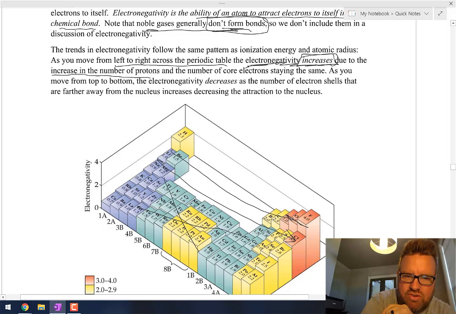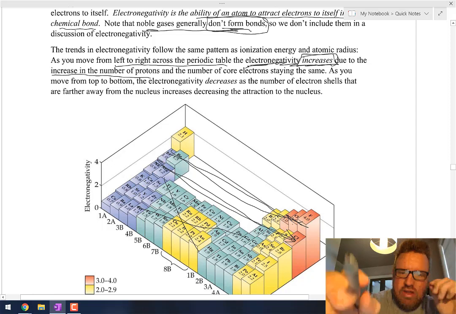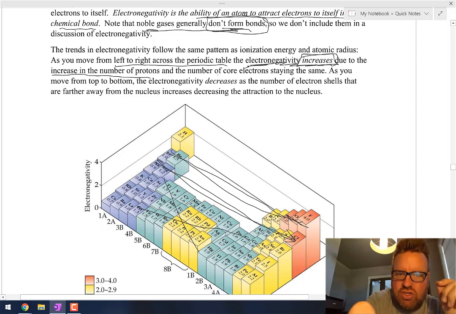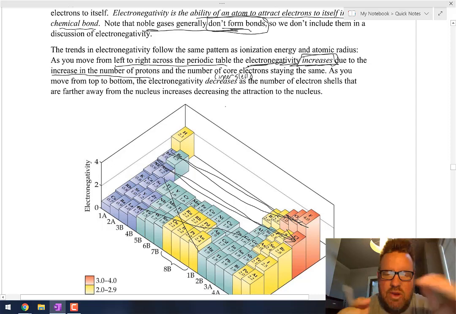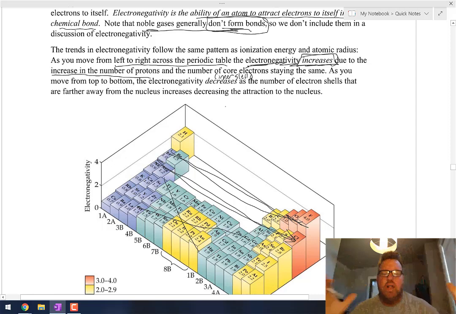The valence electrons are all in the second shell, or all in the third shell, etc. The number of core electrons, which we typically call the inner shell electrons, stays the same. You're not adding any more electron shells to that atom.